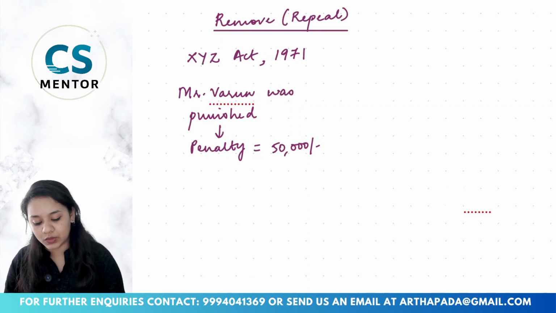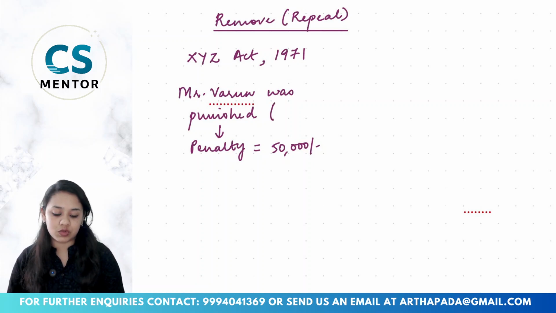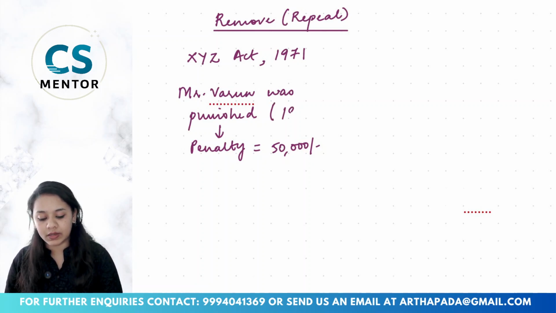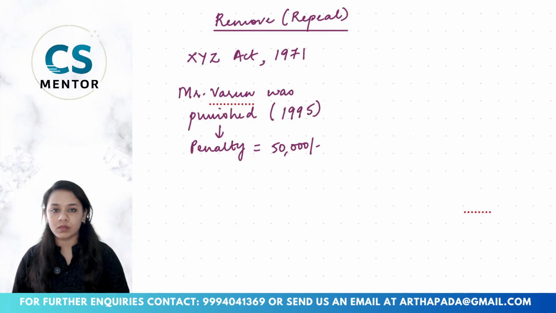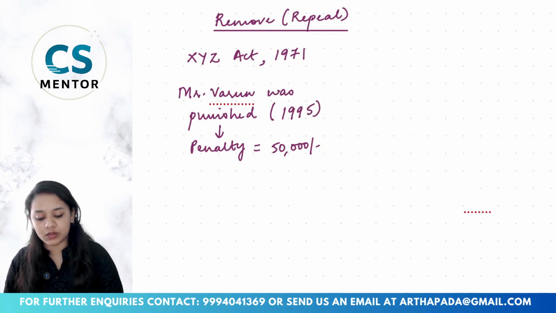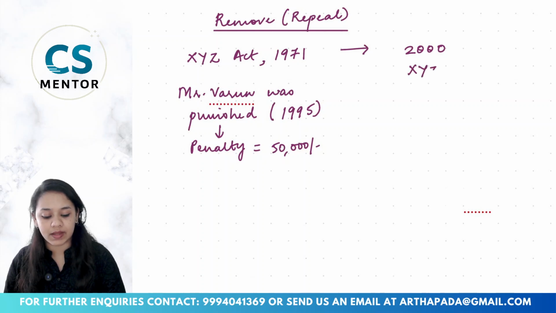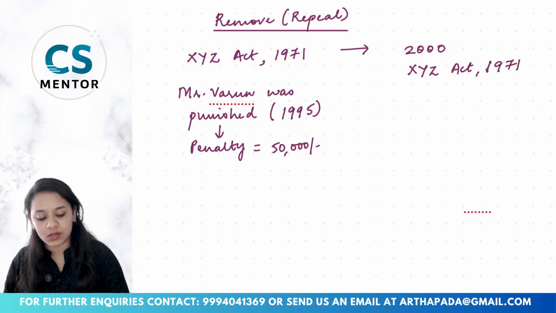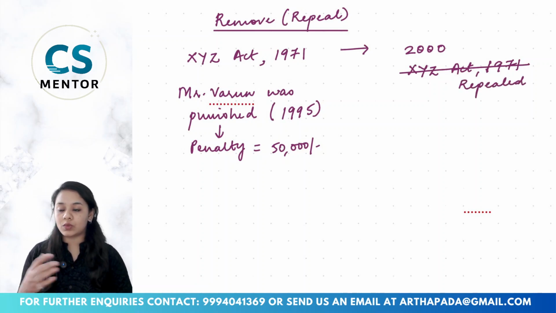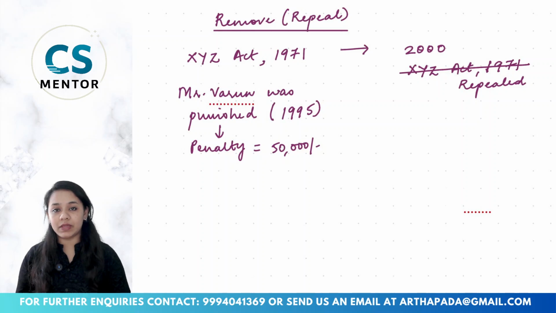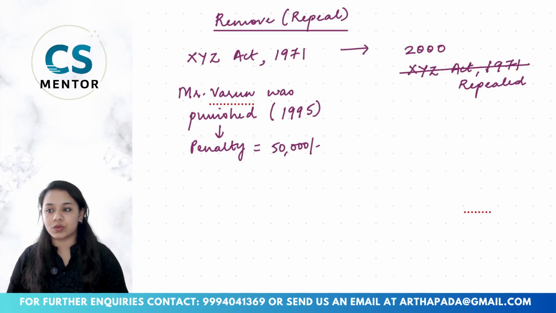Let's say Mr. Varun was punished in the year 1995. Now, let's fast forward to the year 2000, and the XYZ Act of, say, 1971 now stands repealed. Okay, so our Indian government has come and repealed this law in the year 2000.